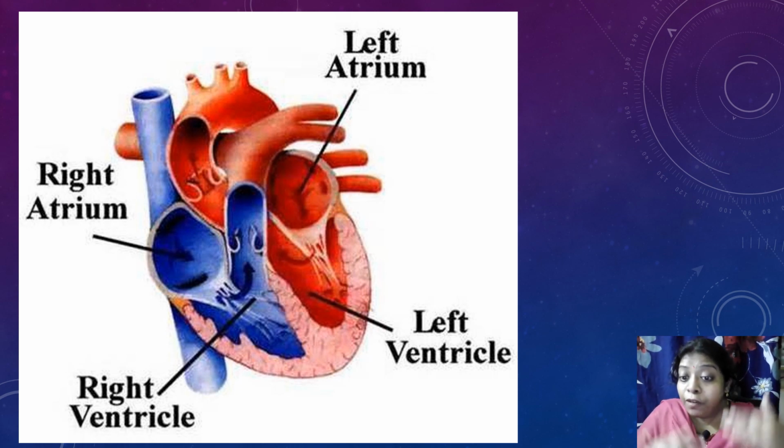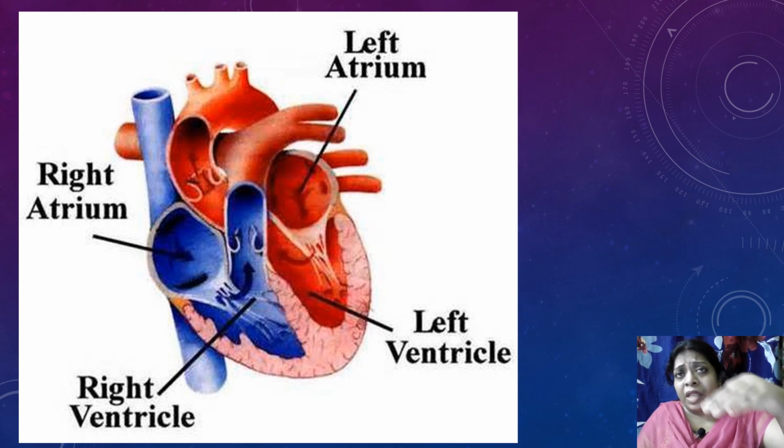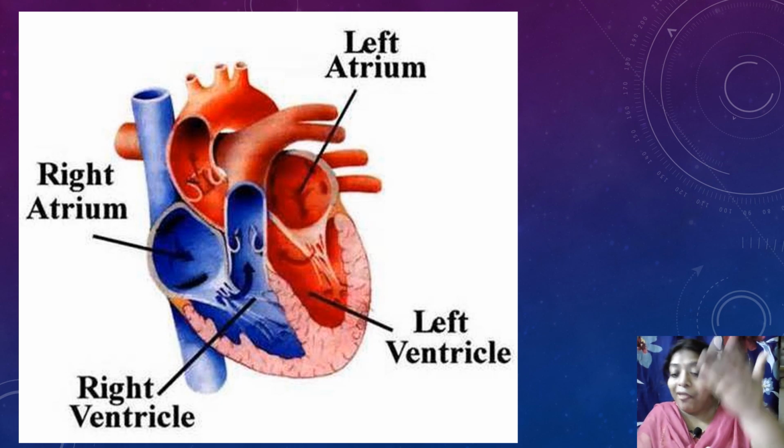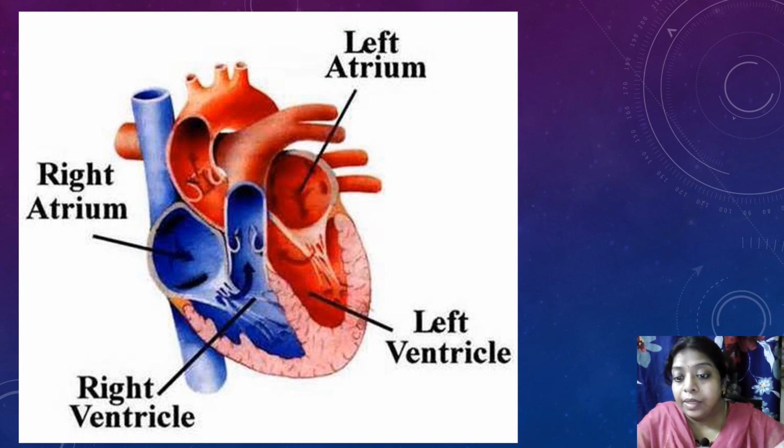The oxygen filled blood travels and reaches the aorta, and it goes out to the rest of the body parts. Maintaining these two separate divisions with two separate ventricles is very efficient.